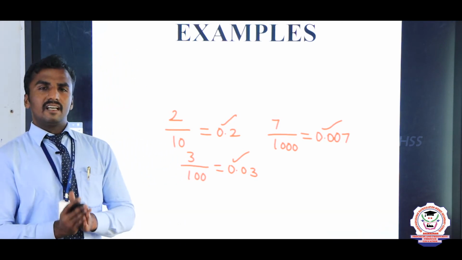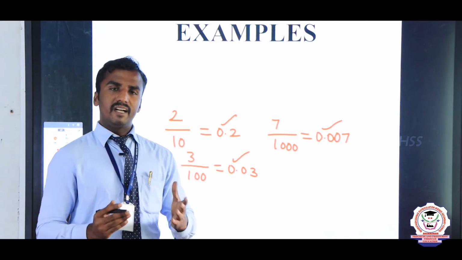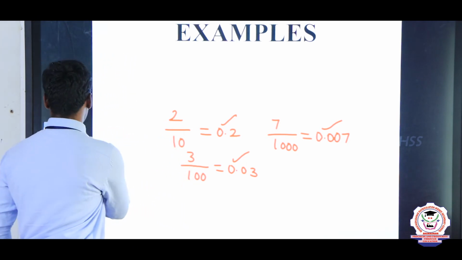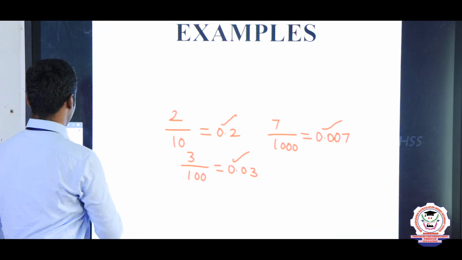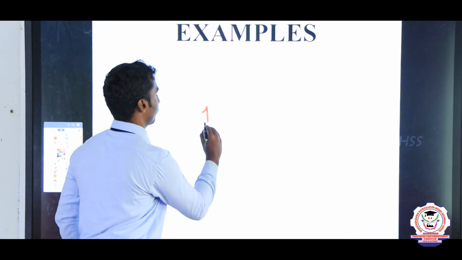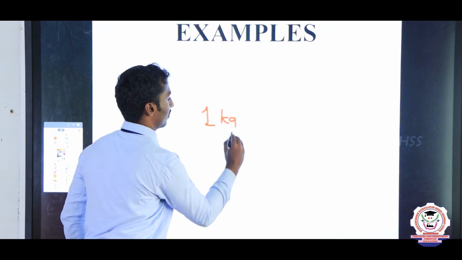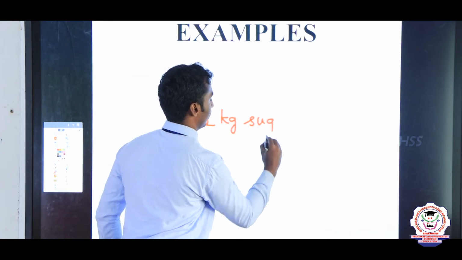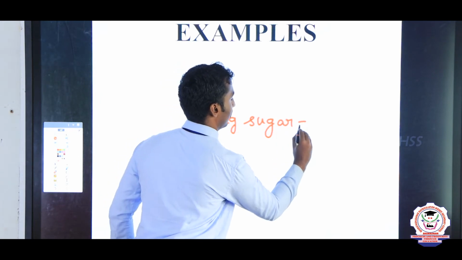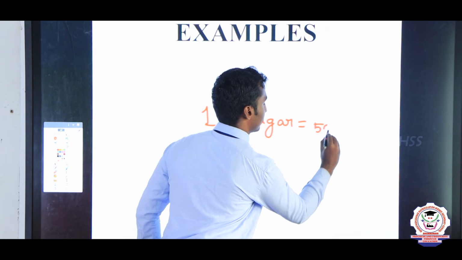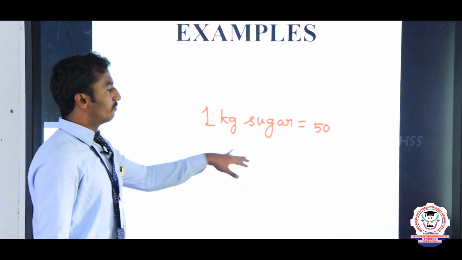Listen, in our daily life we purchase objects every day. Example: 1 kg sugar equals 50 rupees.